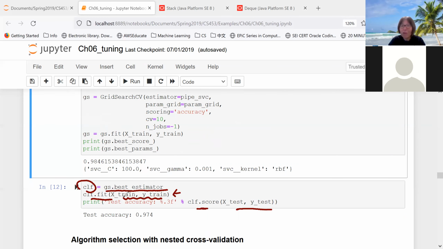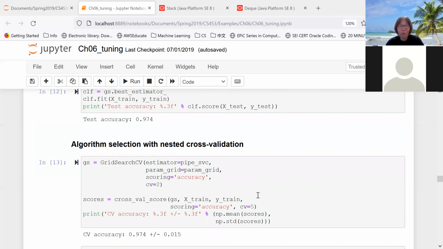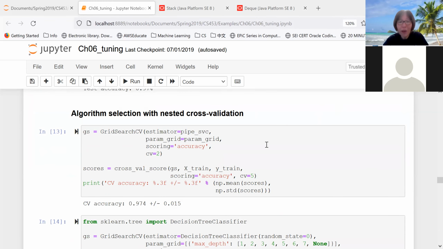After training, we want to get the accuracy for the testing data. So in this case, the testing accuracy is around 97%. So it's pretty good. Okay, and what is the next one? Let's take a look.